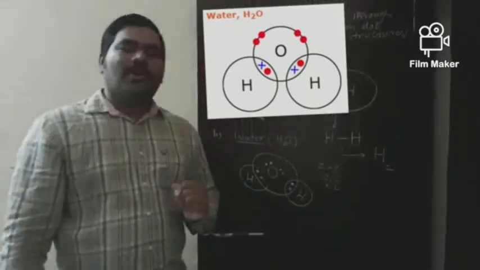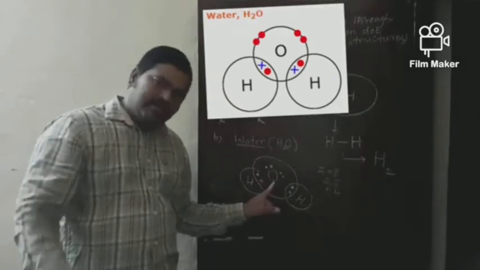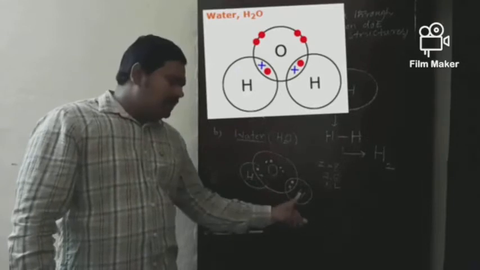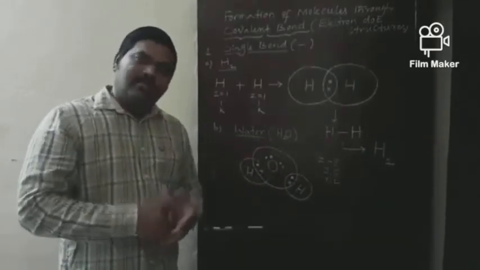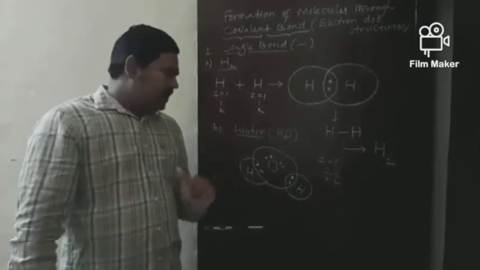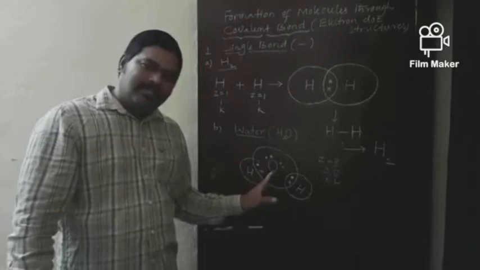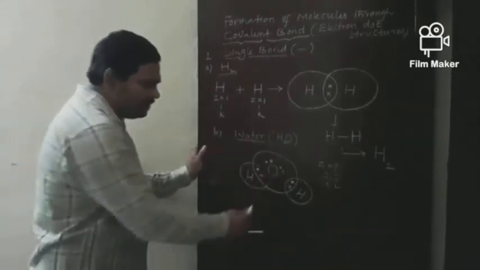After bond formation, this oxygen attained neon gas configuration. Each and every hydrogen will attain helium gas configuration. In that way, oxygen as well as hydrogens attain stability. So this is about the formation of water.